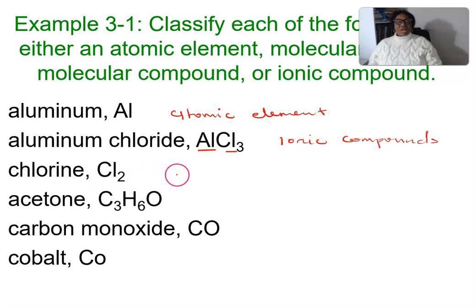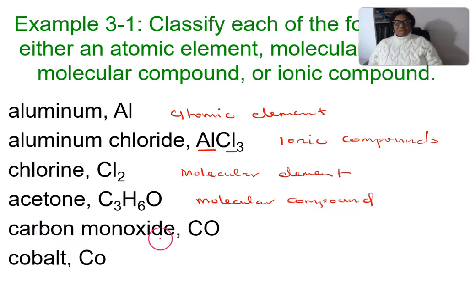This is chlorine. It has two atoms of the same element. So this should be a molecular element. This, you have different atoms present, so this should be a molecular compound. And this, of course, two non-metals, different, molecular compound.